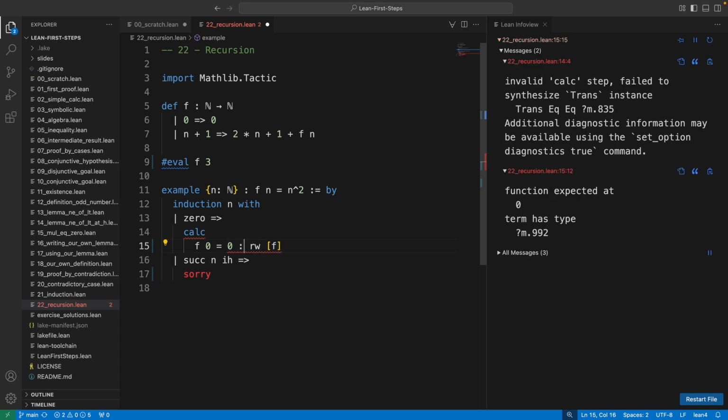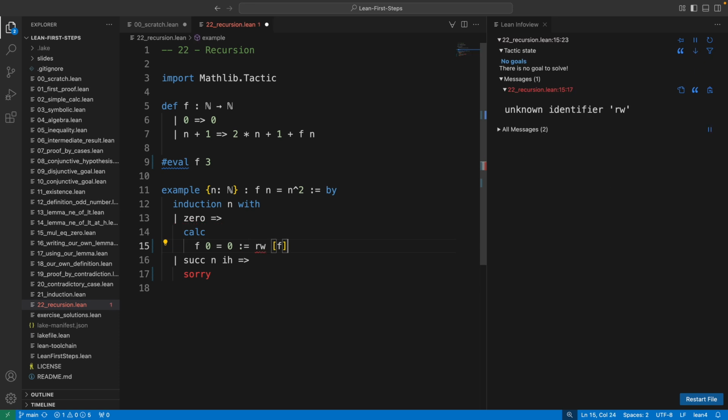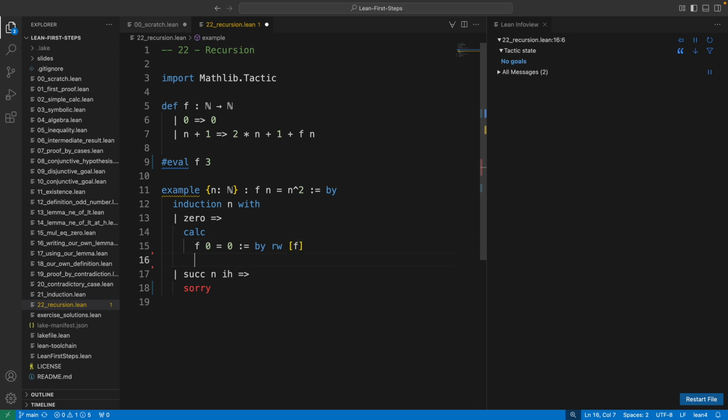And that's the justify thing, by. So that's saying f0 is 0 justified by the definition of f.